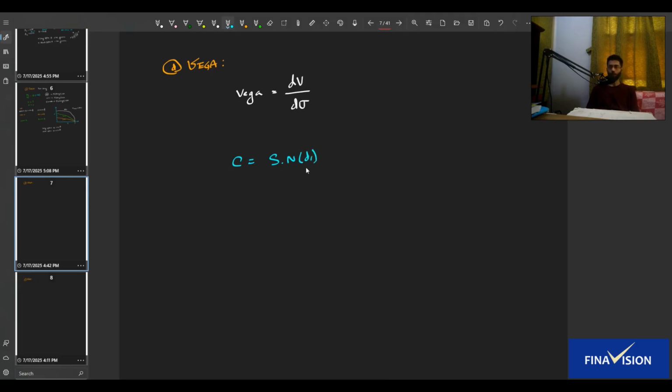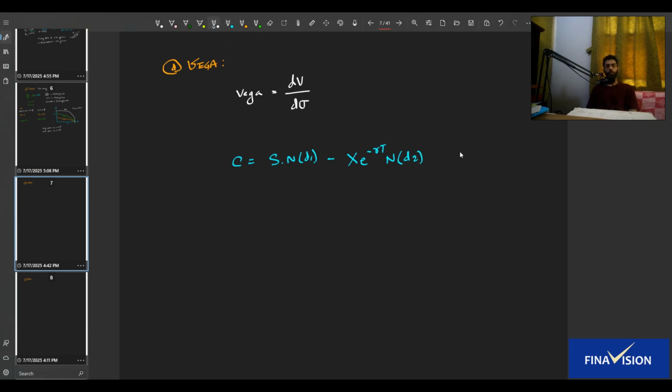This is basically the cumulative distribution function of the standardized probability of price change of the option, which is given by d1, minus the strike price multiplied by the exponential term raised to the power of minus the risk-free rate times the time to expiry of the option, multiplied by again the cumulative distribution function of d2.